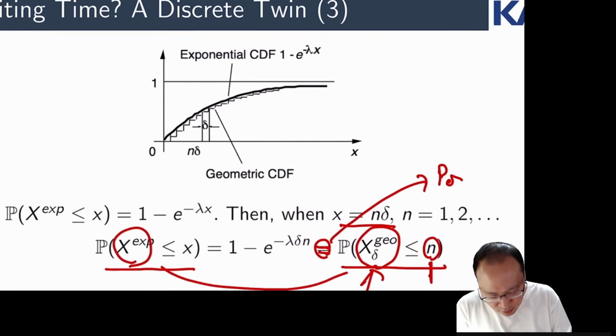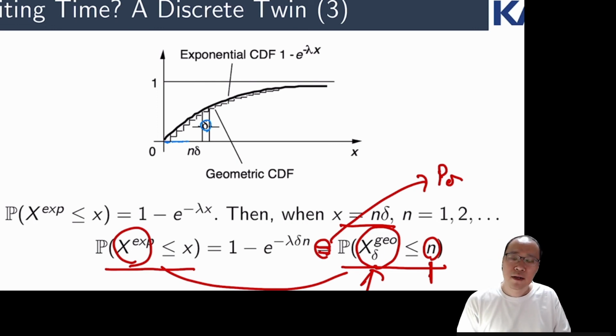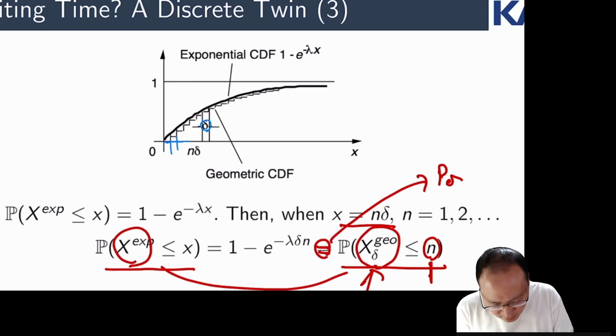So this one slot length is delta. Now this is delta, this is 2 delta, and this is 3 delta, and so on.